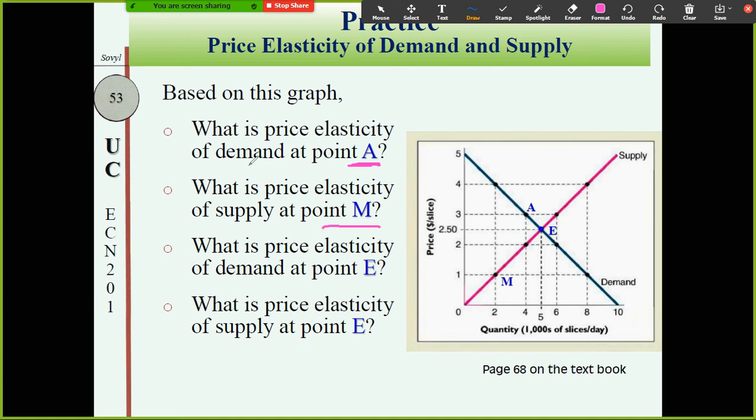This is demand for point A because A is on the demand curve. M is on the supply curve. E is on the demand curve, and also E is on the supply curve. So you have four answers for this one because there are 4 questions for you.